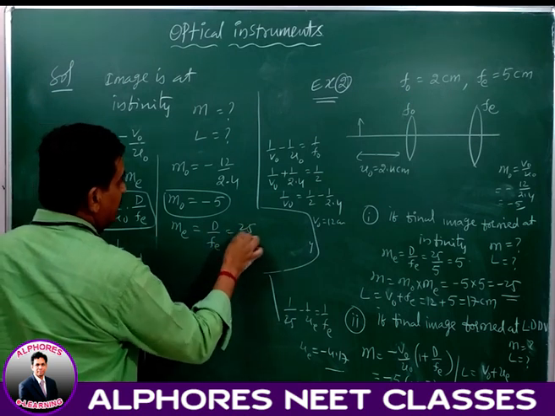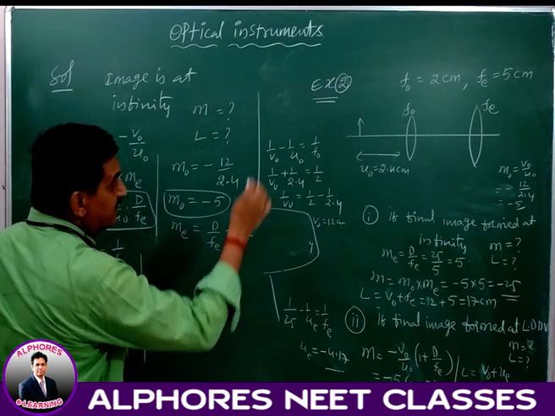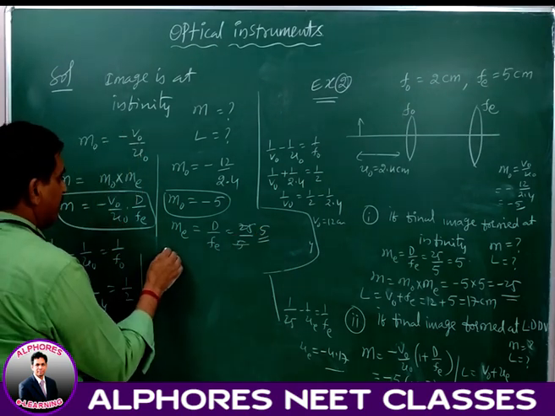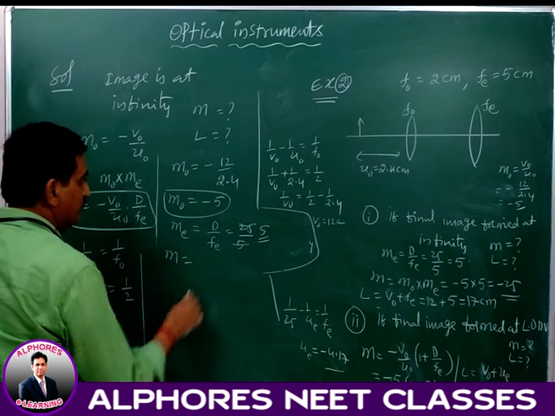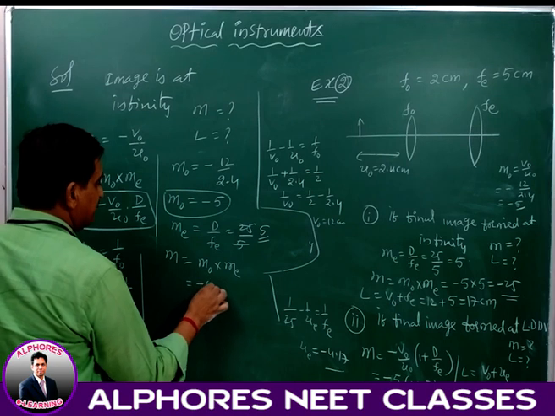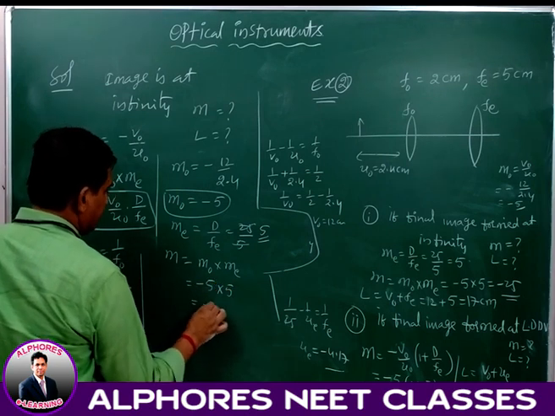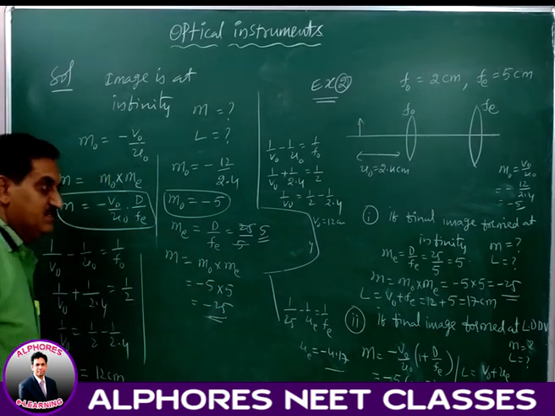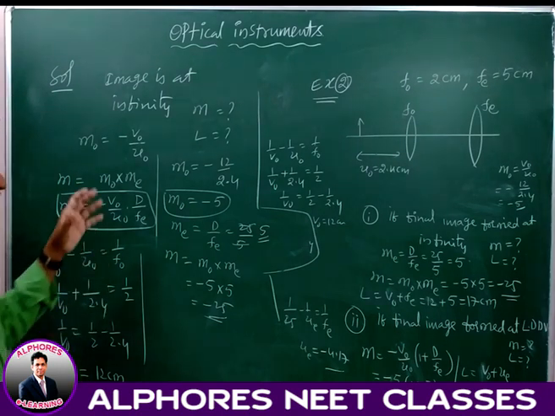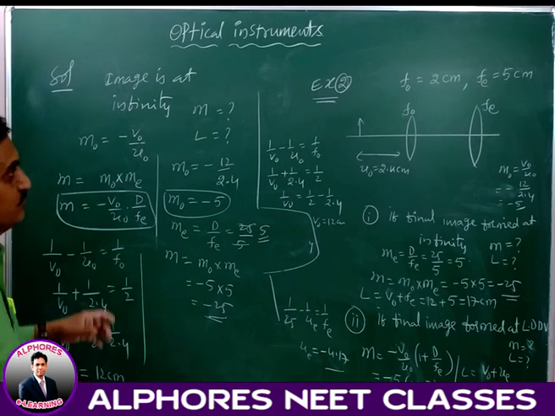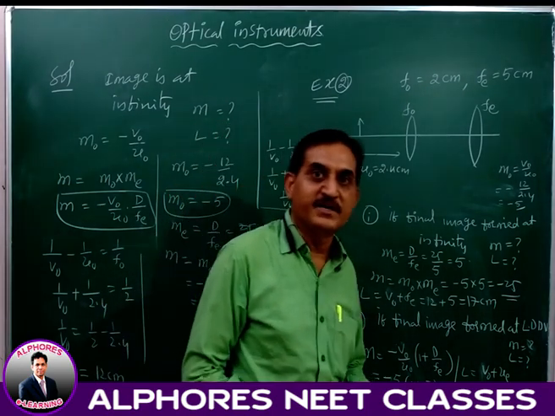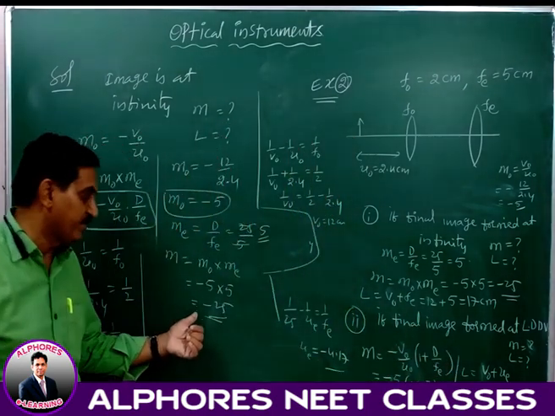D is 25, fe is 5. This is also 5. Therefore final magnification M is equal to m naught into me, minus 5 into 5, which is giving minus 25. This is the total magnifying power of the compound microscope when the image is formed at infinity.